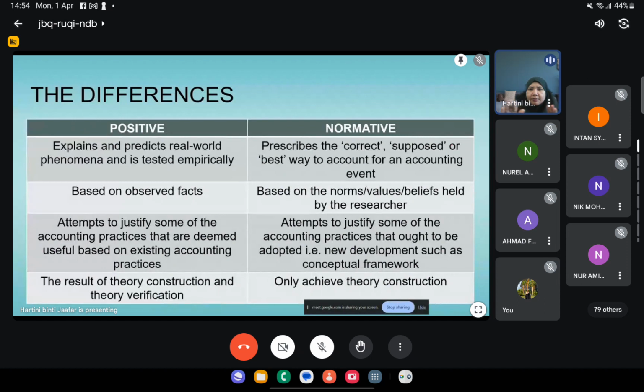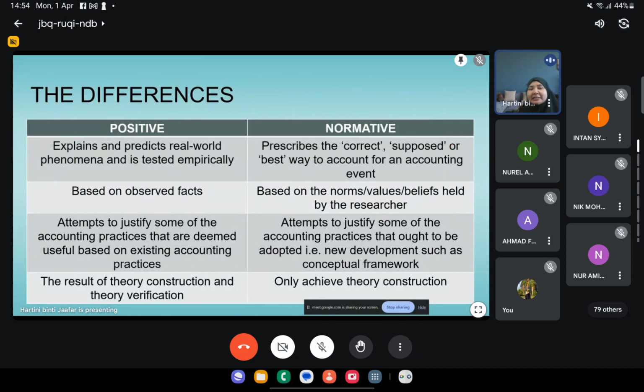So I try to put the differences between positive and normative accounting theory. These are the two accounting theories that we are going to look at in detail later. After this we will look at the differences further, but in general these are the main differences between the two types of accounting theory. The positive accounting theory explains and predicts real world phenomena in which they use, as I mentioned, scientific data, statistical data, and they test the data to see the behavior of the data. There is financial modelling and so on, based on observed facts.